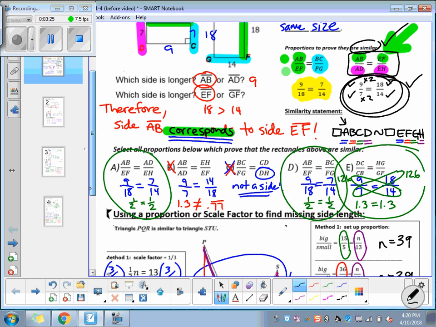Moving on here, what we've got is that A, D, and E, when you fill in those sides with the numbers, we can use the numbers to prove that A is a proportion, D is a proportion, and E is a proportion. All right?